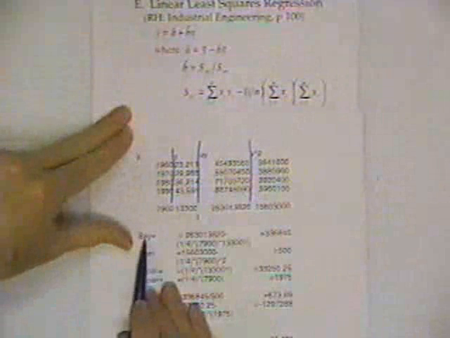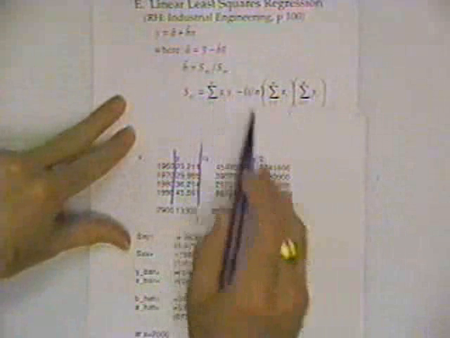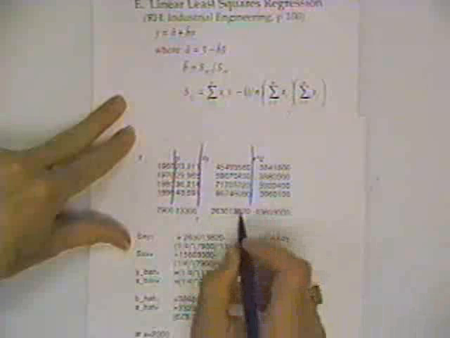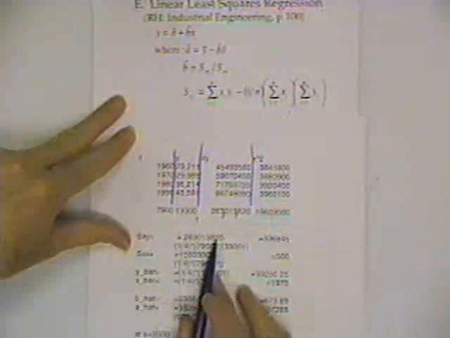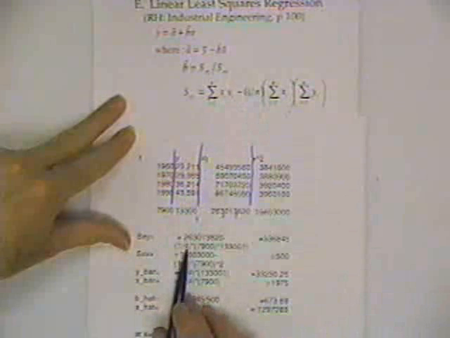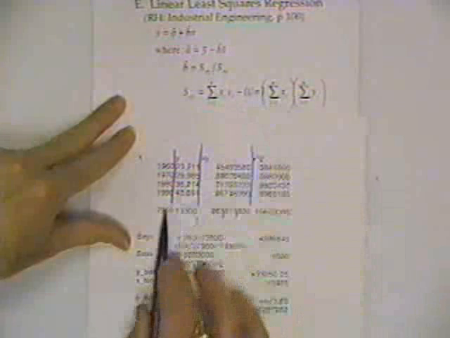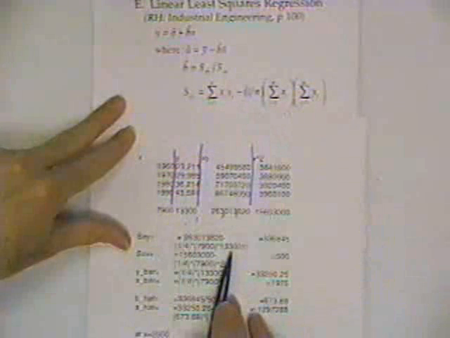Then going back to the formulas, first we can calculate S sub XY. It's the sum of XI times YI, in this case this long number here, 263 million. Then we subtract 1 over n, in this case 1 over 4, times the summation of X, which is 7,900, times the summation of Y, which is 133,001.